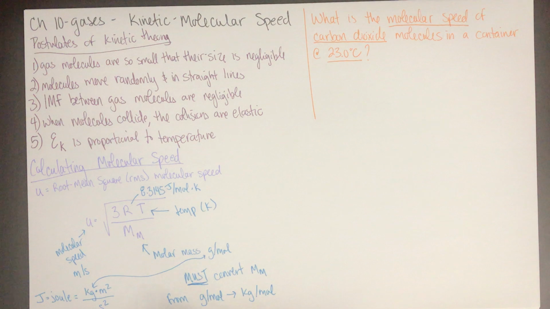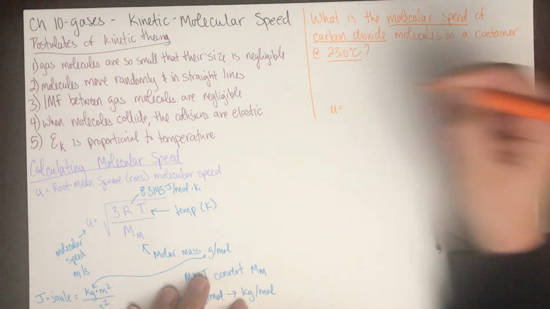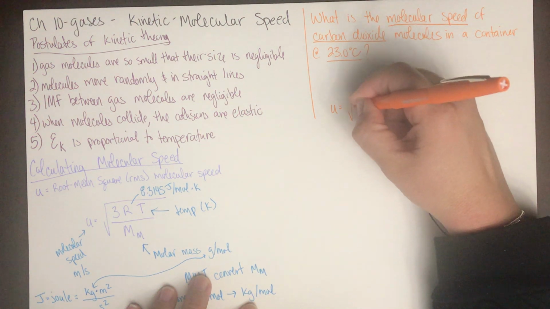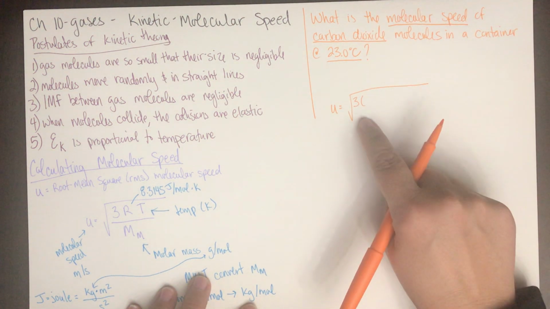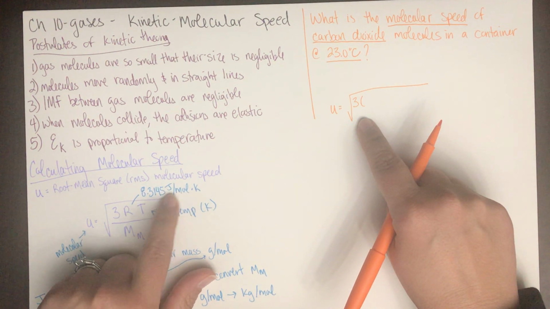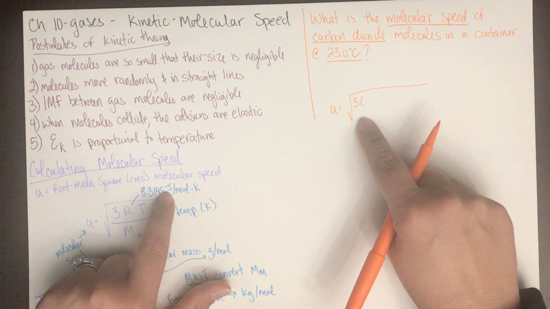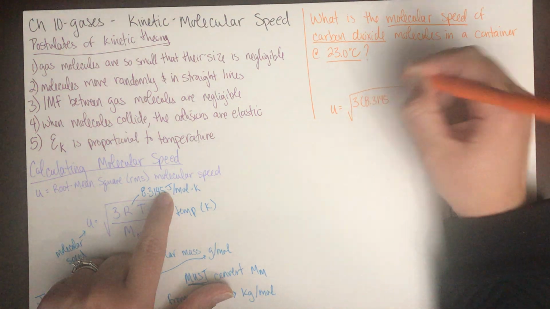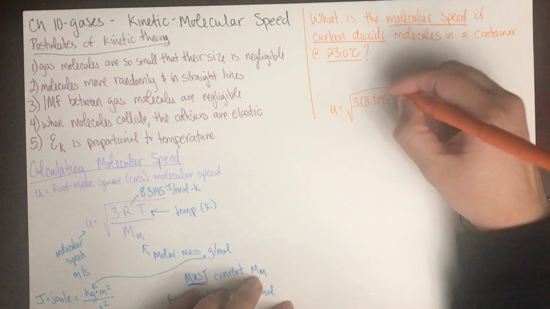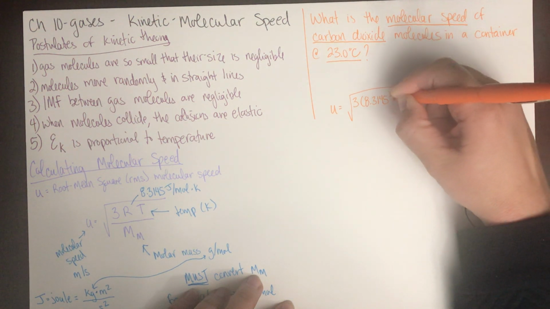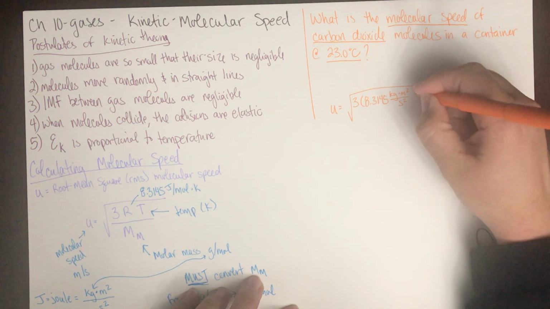So I'm going to write out everything that I know. I'm going to say U, molecular speed, equals the square root of 3 times R. And now when I write out R, 8.3145 joules per mole Kelvin, I'm going to separate out this unit of joules just so you all can see what's happening with the units. 8.3145, instead of joules, I'm going to write kilograms times meters squared over seconds squared.